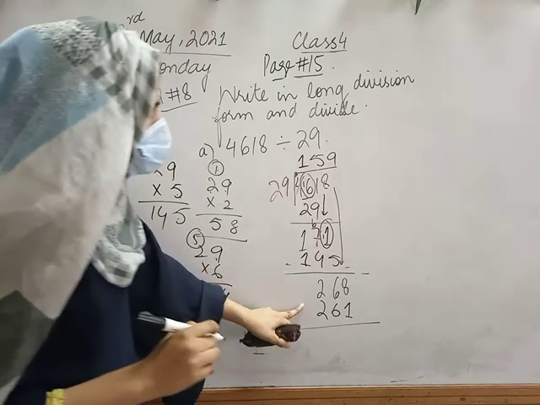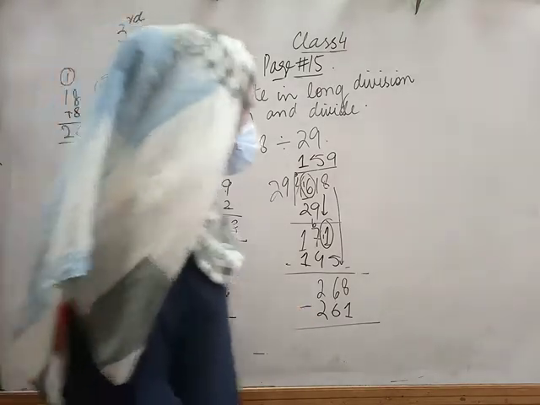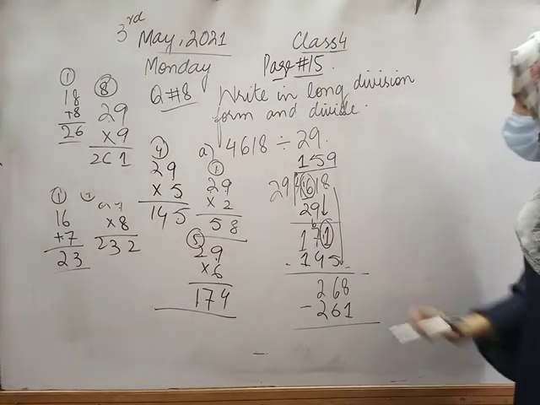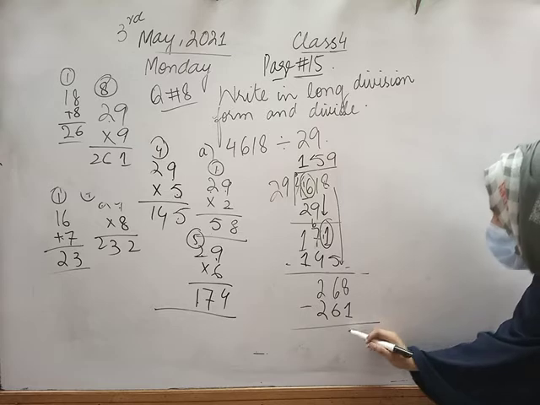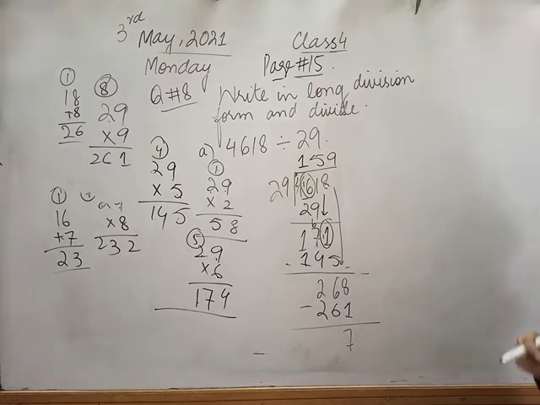Okay, so we will write 261 here. Now 8 minus 1, we will subtract 8 minus 1 which is 7 in the end.